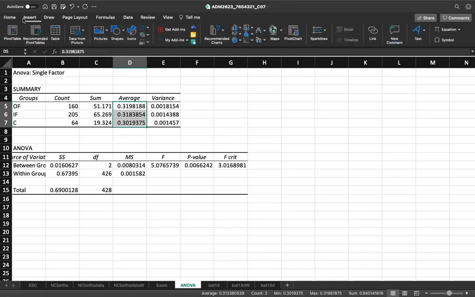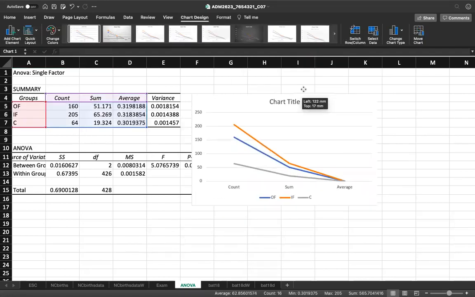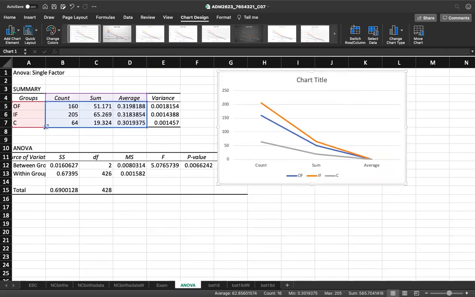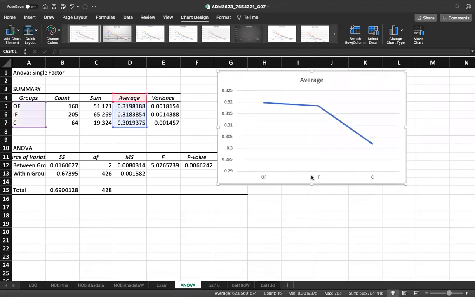Take this, insert, draw a line chart. Or rather, I take this 1, 2, 3. Right, and then change the data set to only refer to the averages. We want to switch the columns so that here is our average line.